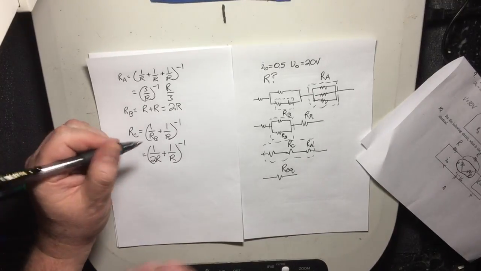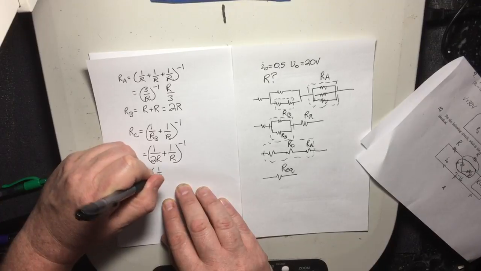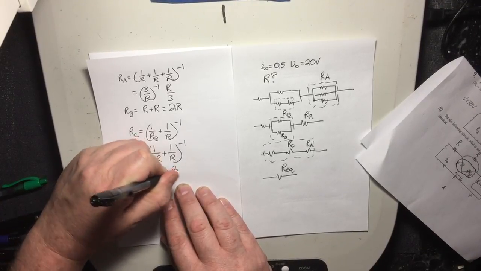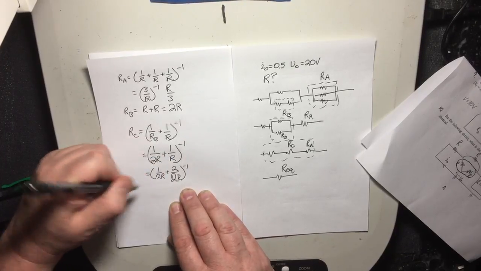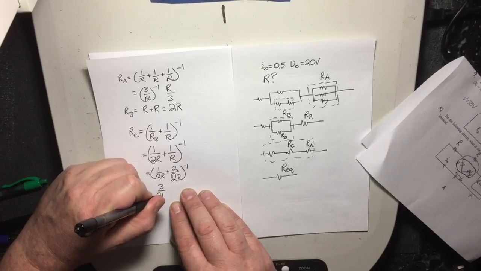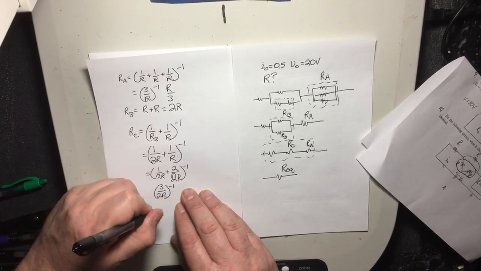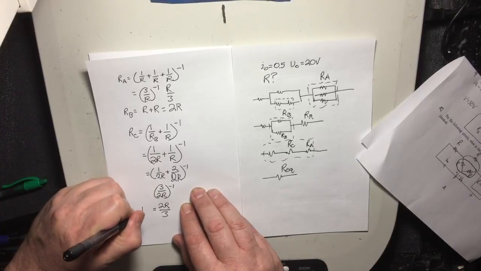Common factor is 2R, so it is 1 over 2R plus 2 over 2R, inverted. 1 plus 2 is 3, 3 over 2R, inverted. 2R over 3 is RC.